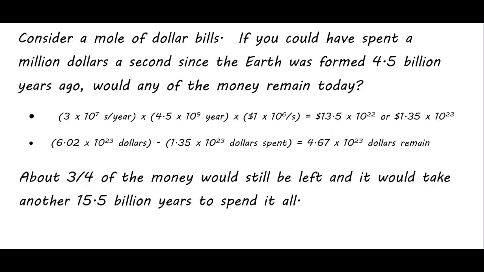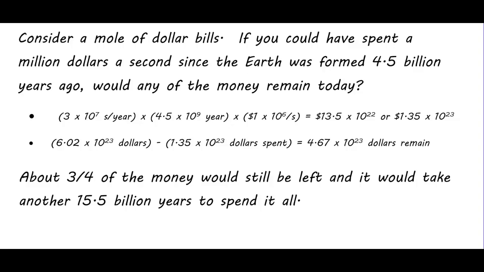And perhaps my favorite one is this. Let's suppose that at the time the Earth formed, according to evolutionary theory, 4.5 billion years ago, I was given a mole of dollar bills, and I spent $1,000,000 a second over that 4.5 billion year span.